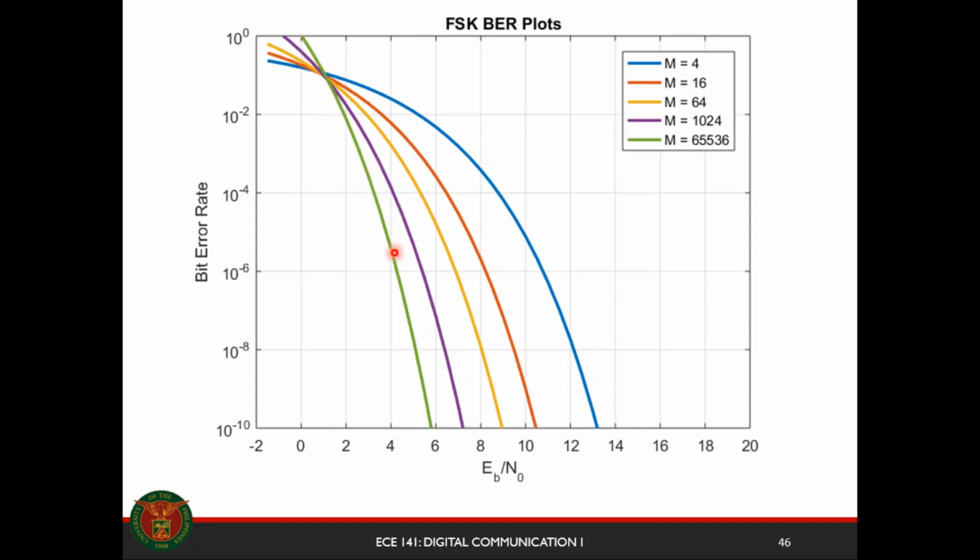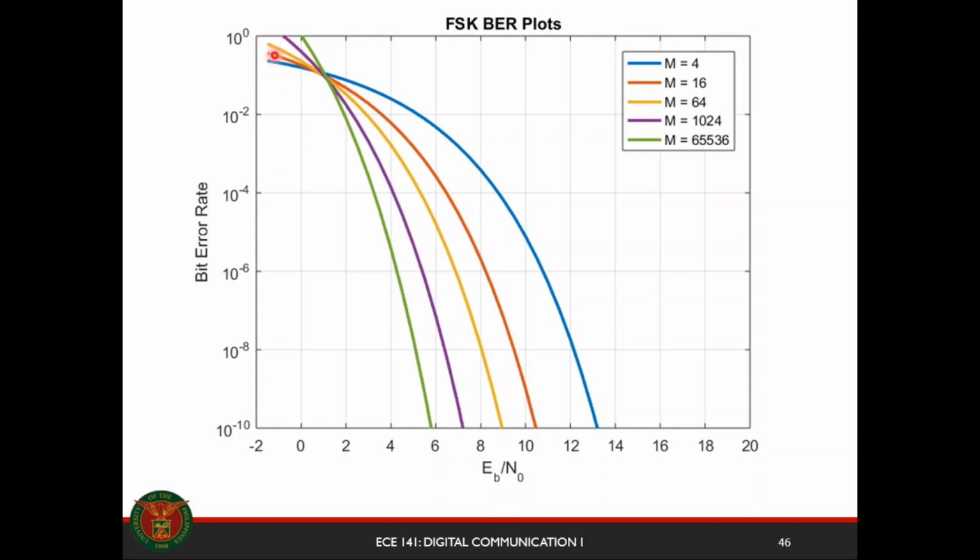But if you increase that, your FSK signal actually becomes better in terms of performance. And as you increase M, as it approaches infinity, it reaches this point around negative 1.6 dB.